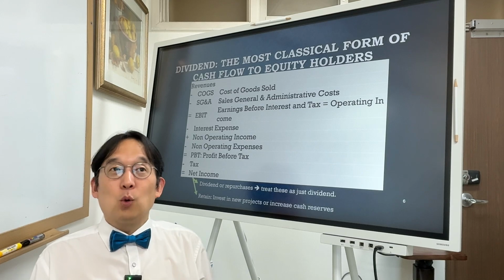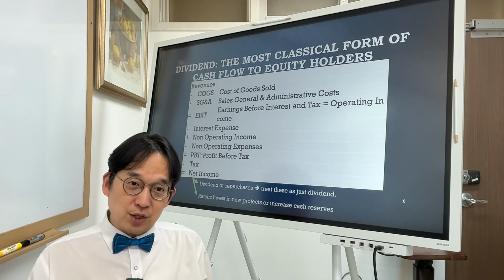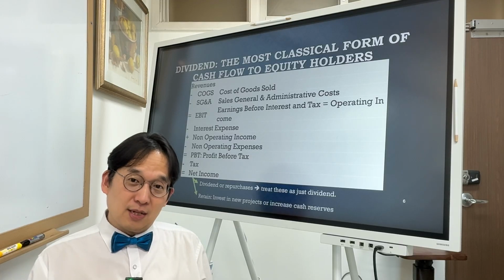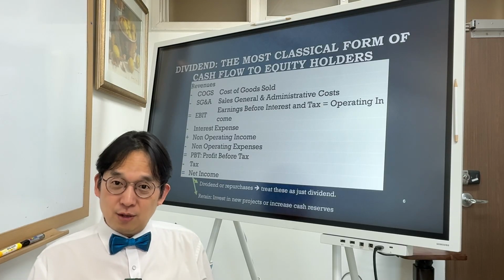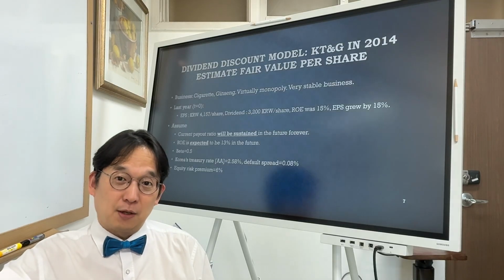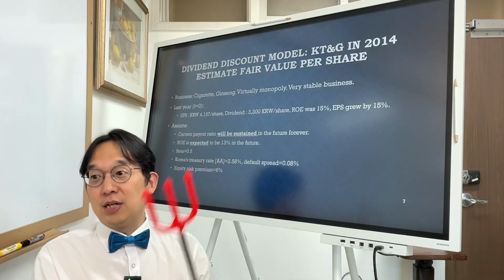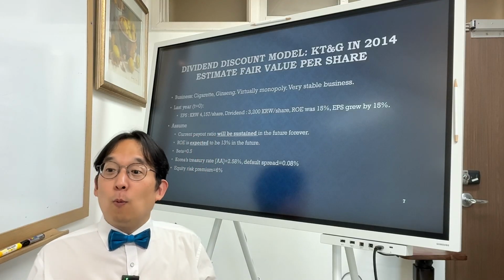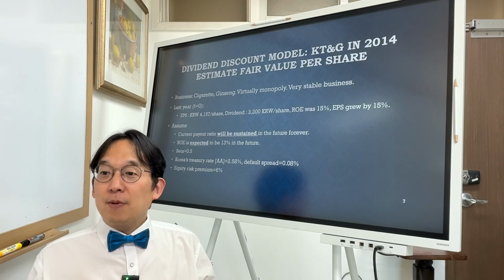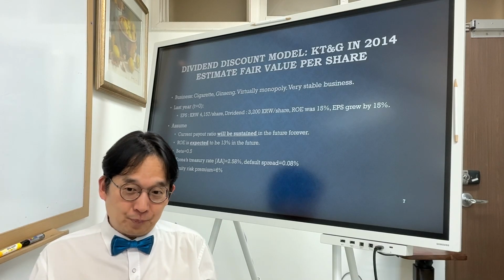Usually the companies in the stable stage, food and beverage, or the companies that have a long history, we tend to use the dividend discount model for this kind of companies, not for tech sector companies. So the example that I picked for this discussion is KT&G. What is KT&G? Well, it's a cigarette company and ginseng company.